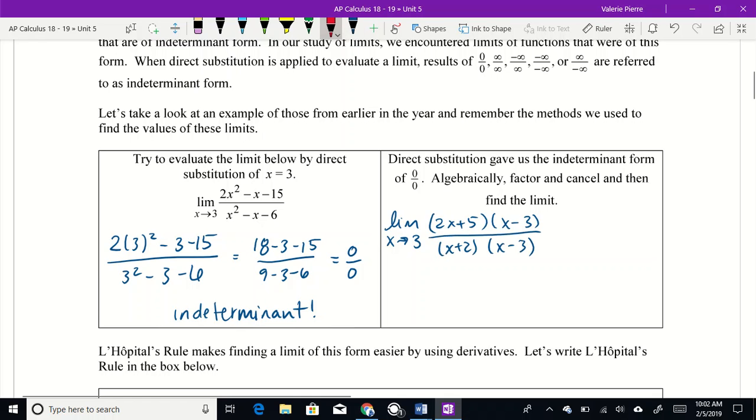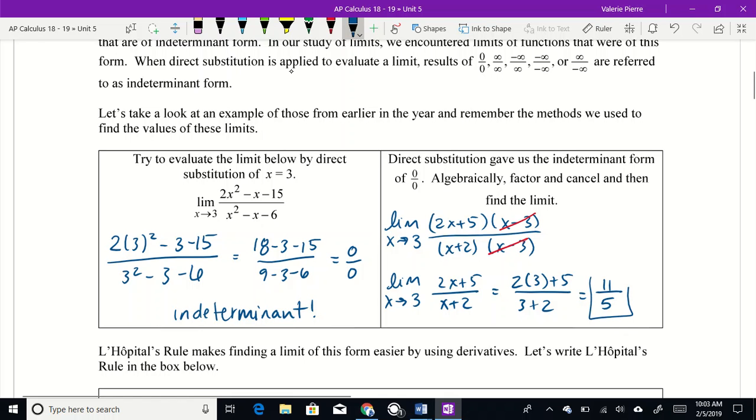So we could cancel out the x minus 3's. We're just left with the limit as x approaches 3 of 2x plus 5 over x plus 2. Now we can directly substitute: 2 times 3 plus 5 over 3 plus 2, which is 11 over 5.